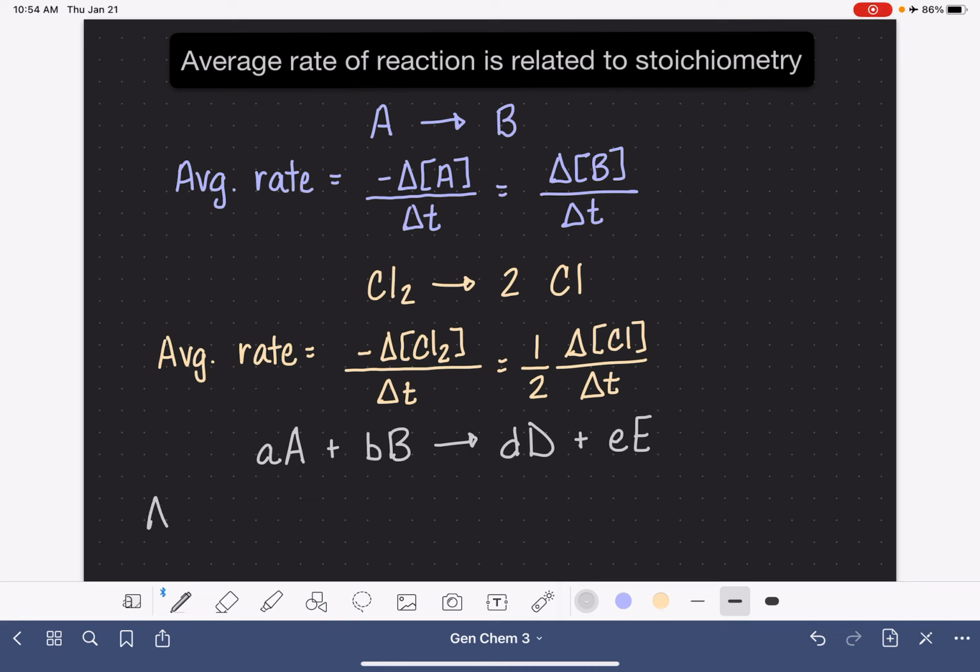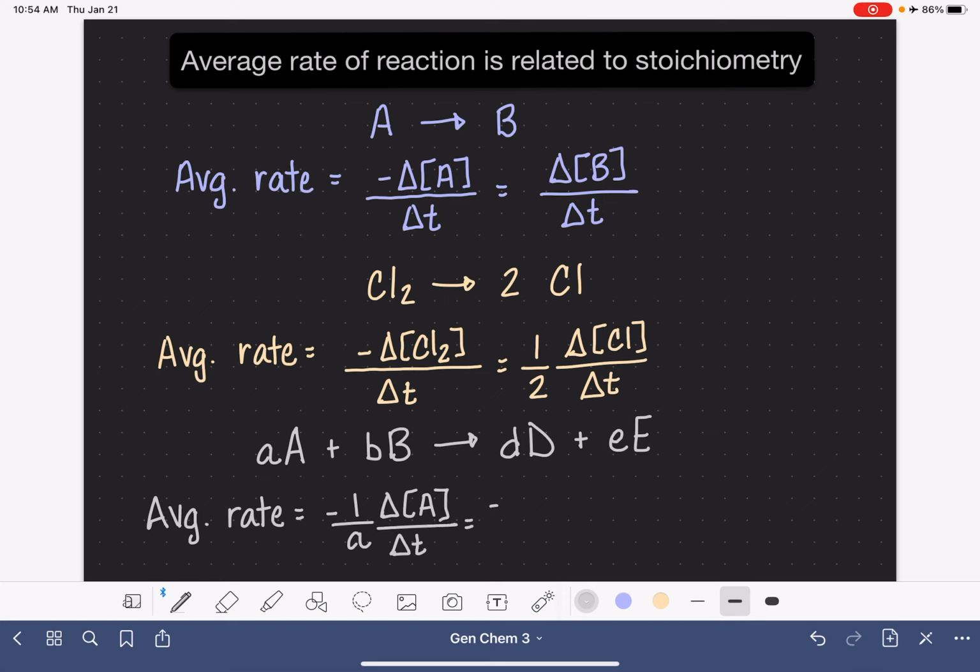And if we wanted to write the average rate for any type of chemical reaction, we're going to say for our reactants, it's going to be a negative number, and it's going to be 1 over the stoichiometric coefficient times the change in concentration for that reactant over the change in time.